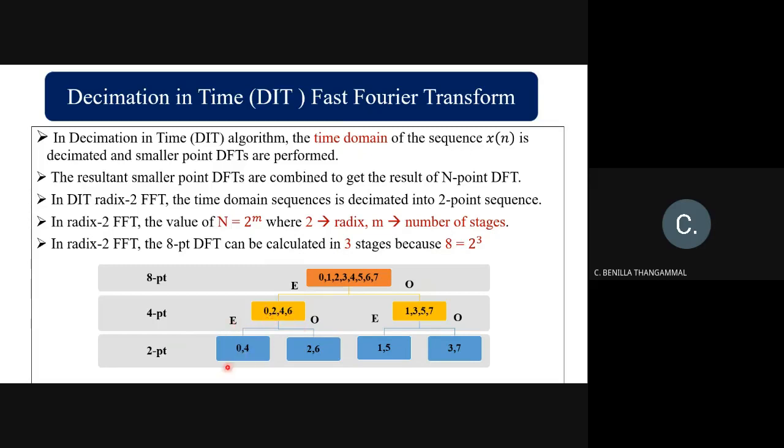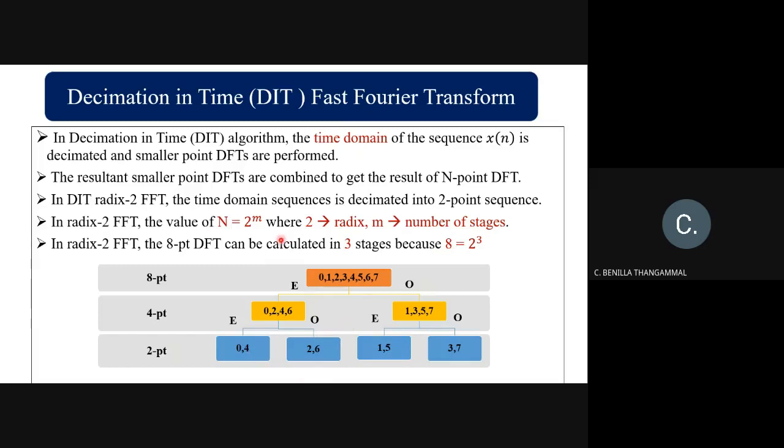So 0, 2, 4, 6 becomes 0, 4 as even and 2, 6 as odd. Again, this 1, 3, 5, 7 will be decimated into 2 as even and odd: 1, 5, and 3, 7. So now this n by 2 is decimated into n by 4. So this decimation process will proceed until my last sequence has only 2-point sequences here.